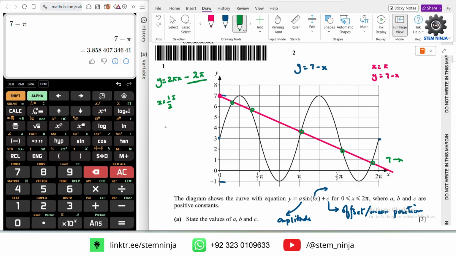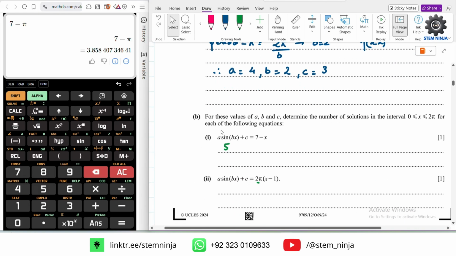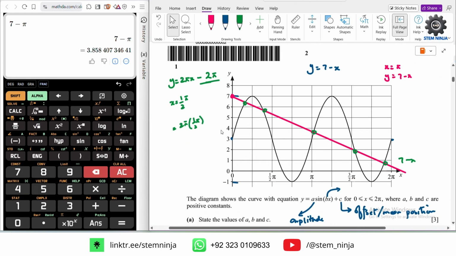If we plug in x equals half pi, you get 2 pi times half pi, minus 2 pi, so pi squared minus 2 pi. That's even weirder; we can't locate that easily.